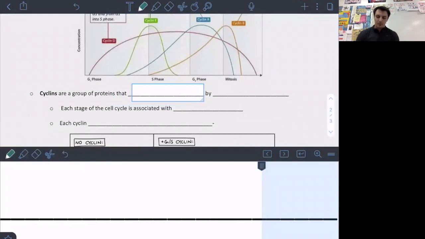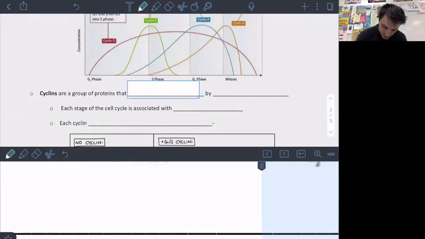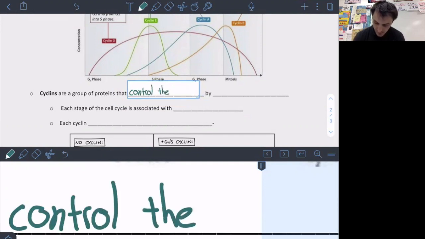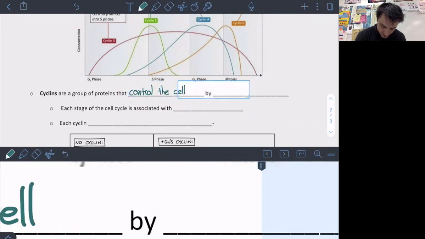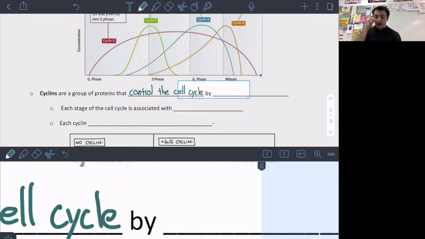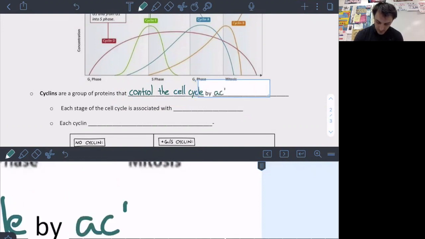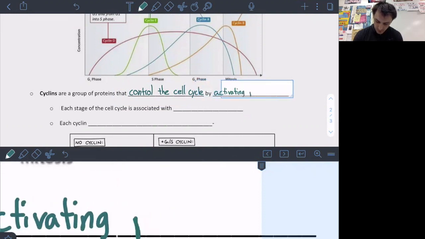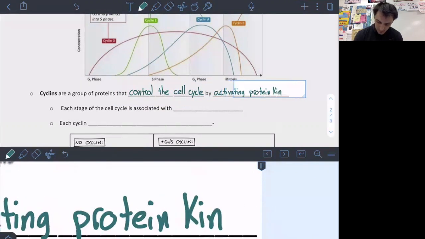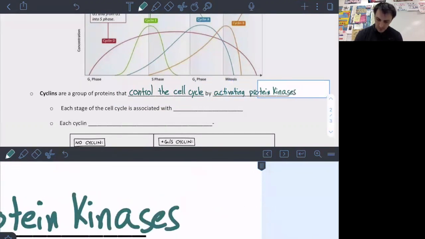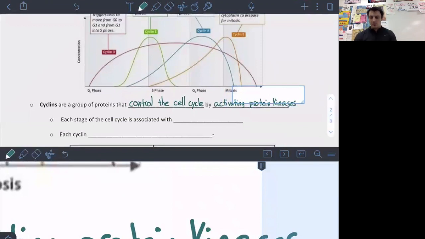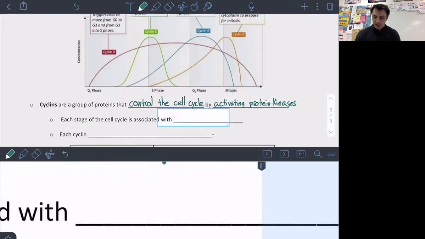Cyclins are a group of proteins that control the cell cycle by activating protein kinases.